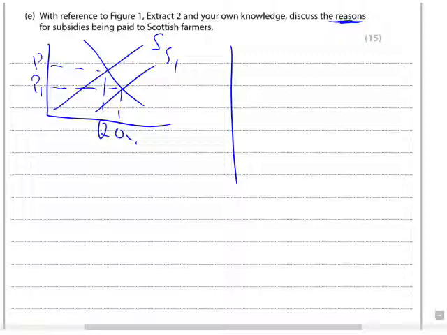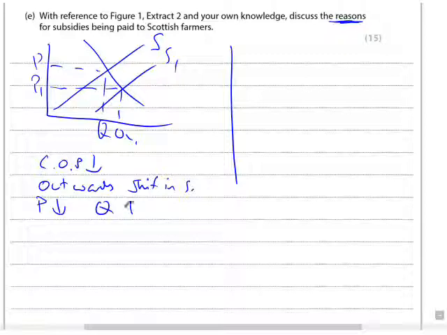The key to the analysis marks though are that it reduces the cost of production to a business. This allows an outwards shift in supply. That's what brings the price down and quantity up. And then the reasons for that, which is the last stage and that would answer the question.